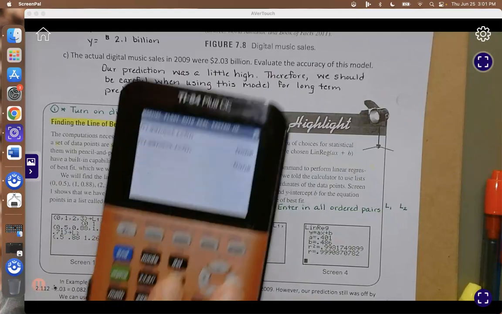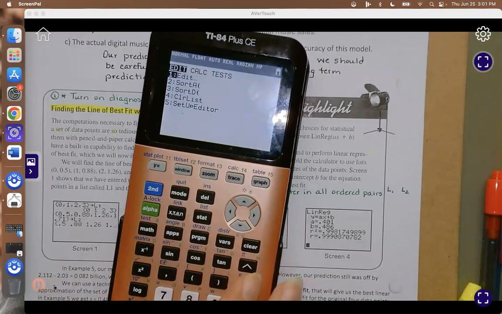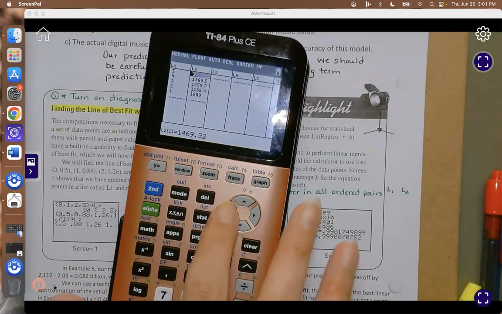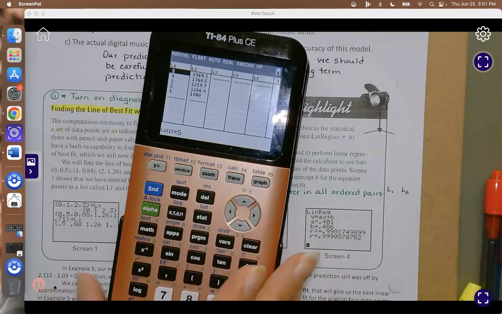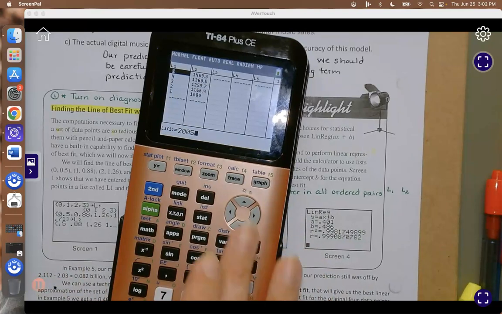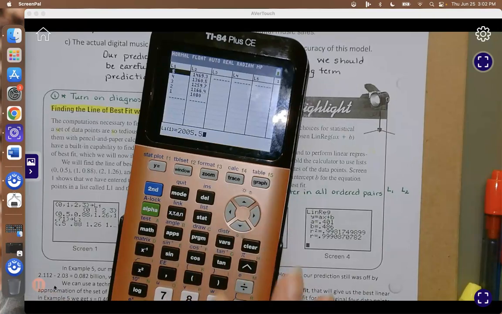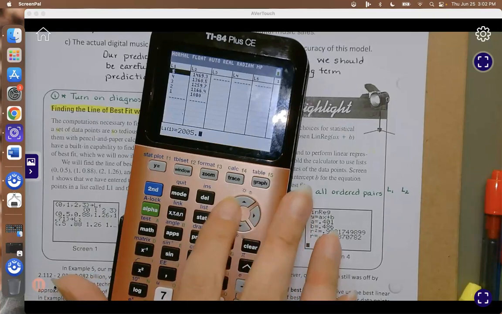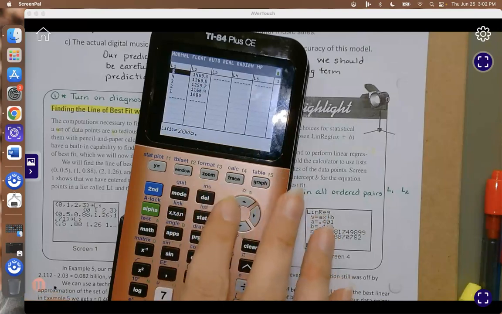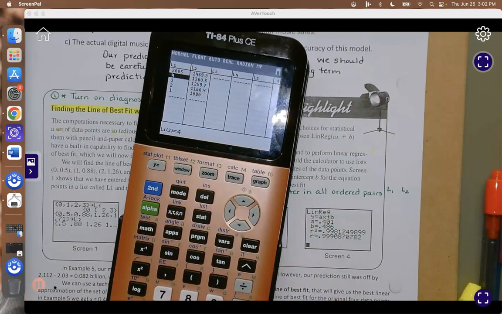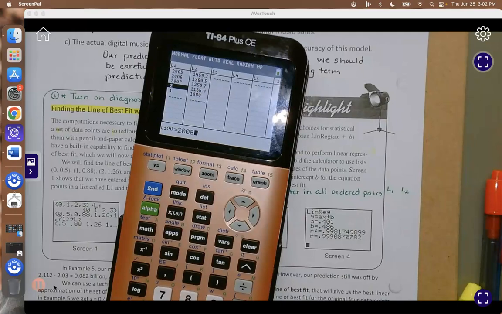So we're going to Stat, which is right here. Hit enter for edit, and I've got some numbers in here. So we're going to go 2005. We're typing in these ordered pairs. Hit enter. 2006, enter. 2007, enter. 2008, enter.